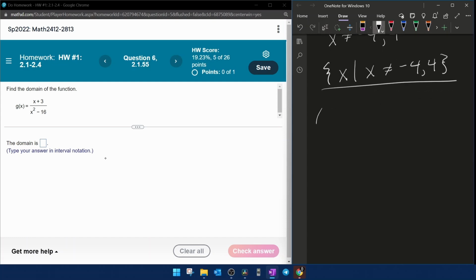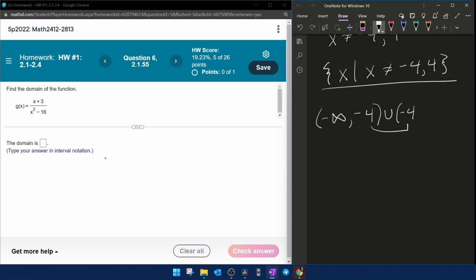So our interval notation is going to start at negative infinity. Remember, x can be anything, any real number, except for 4 and negative 4. So we'll start at negative infinity and go to negative 4, but we're not allowed to include negative 4, so we need a parenthesis and then a union symbol.